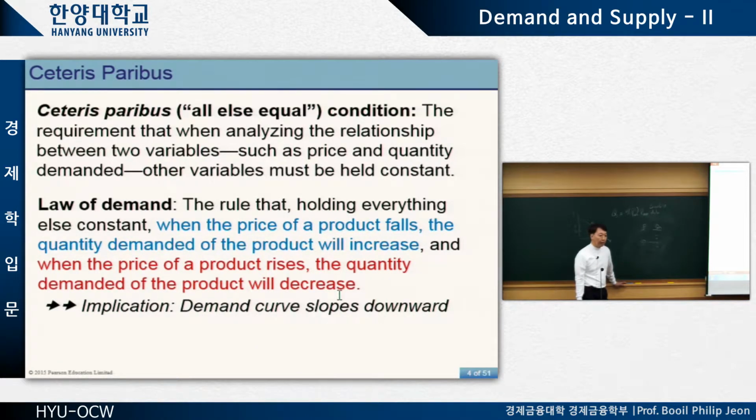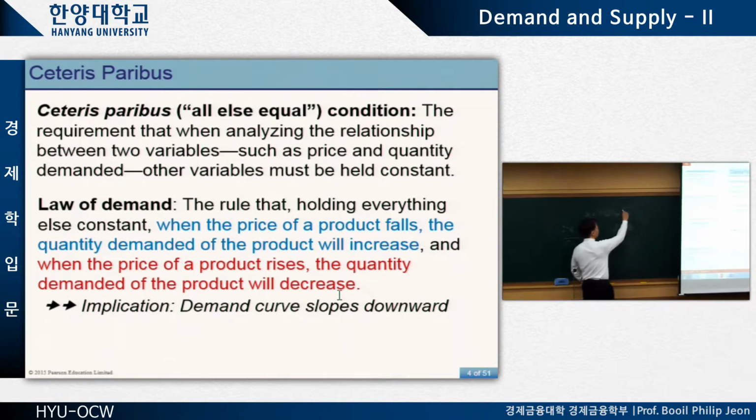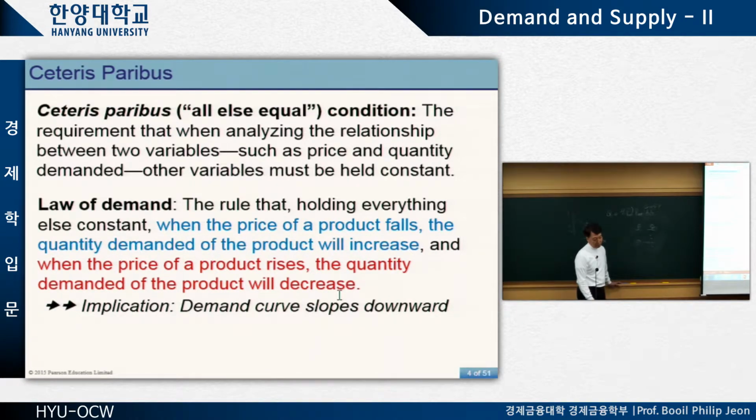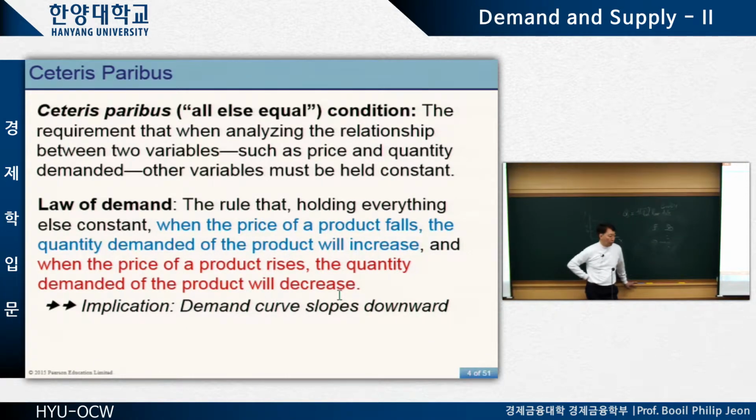What about weather? You can control your quality. You can control how much money you spend on advertisement. But there are certain things that you cannot control, like weather. Suppose you're selling apparel or soft drinks. Then weather may be a very important factor, depending on whether it's a hot summer or not.